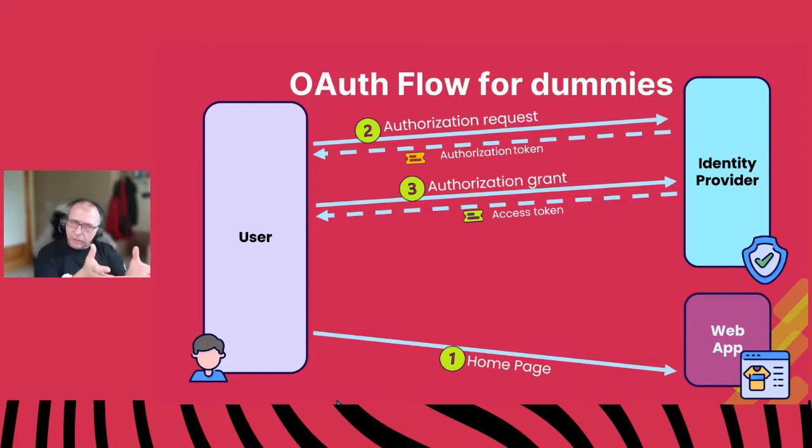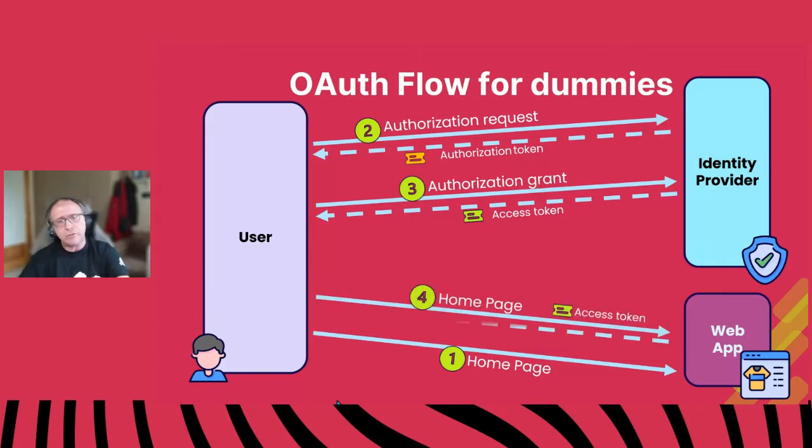I mean, when I talk about the user, I'm talking about the front-end part of your application, not necessarily the user. The number 3 is the call that arrives from the front end to the identity provider, giving the authorization token to receive the access token. The access token is the most important thing, because using the access token, finally, your user can retrieve the home page or the resource that are authenticated.